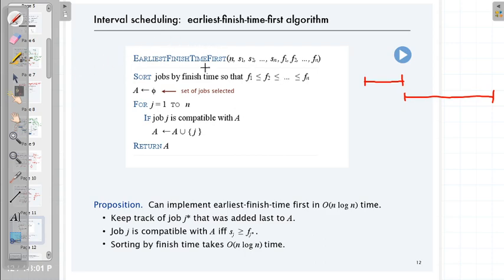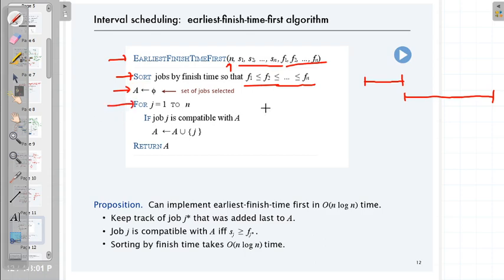Here is the pseudocode of earliest finish time. First, we are taking the inputs: number of jobs, start time, finish time. Sort the jobs by finish time, that means we are sorting based on finish time. Initially, the jobs which we are selecting will be stored in this array A, and we consider each job.